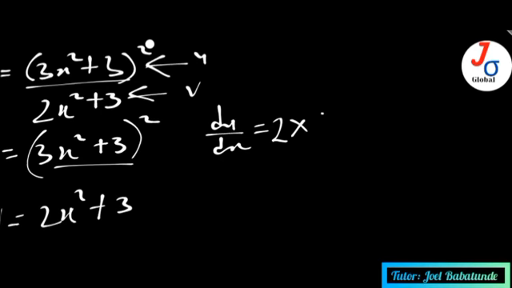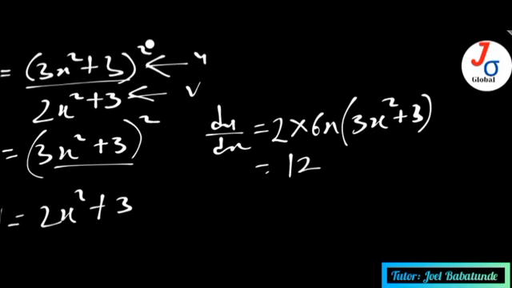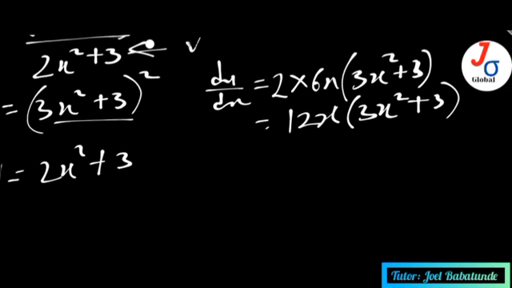That's times 6x, then into 3x squared plus 3, then all raised to power minus 1. That's minus 1, so that's left, that's gone. And so my answer is 12x into 3x squared plus 3. So that's your derivative of that.